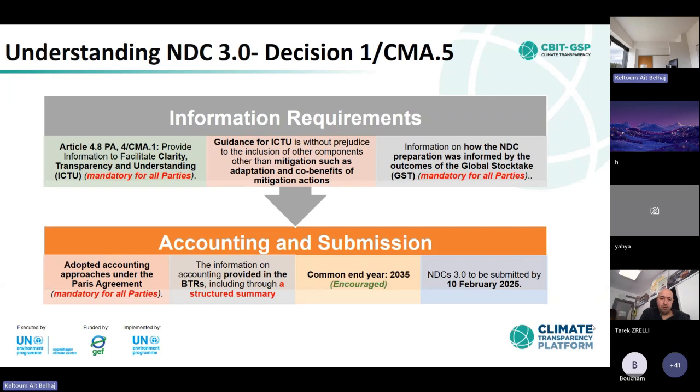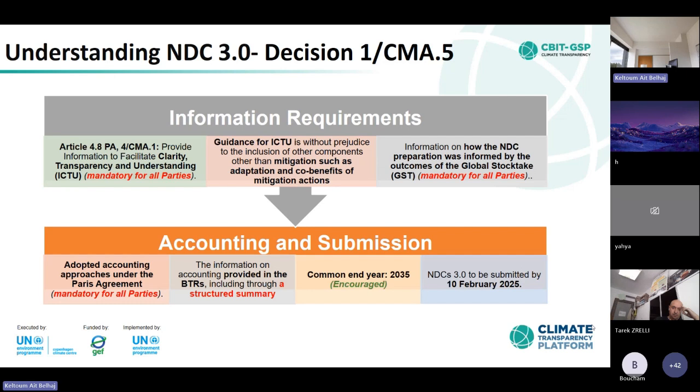Ideally, as we know, the NDC is a 10-year period, from 2025 until 2035. It's an encouragement, but a high encouragement, which means that all countries are highly encouraged to adopt this. Why? Because this facilitates the assessment for the global stocktake.